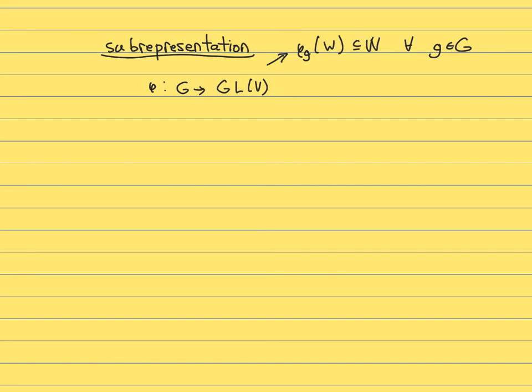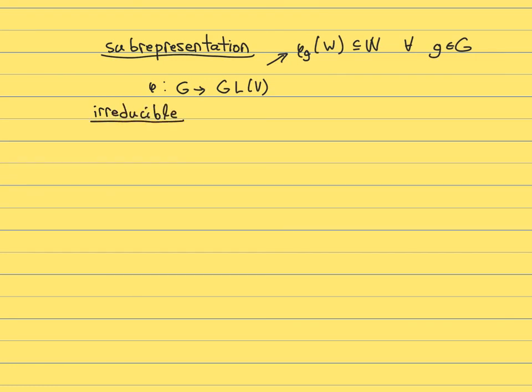So there we have it. This looks kind of like the idea of a subgroup. And so you could talk about a notion of simple, and here the notion of simple is called irreducible.